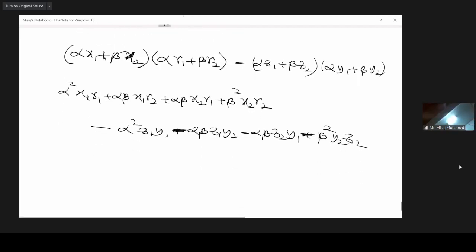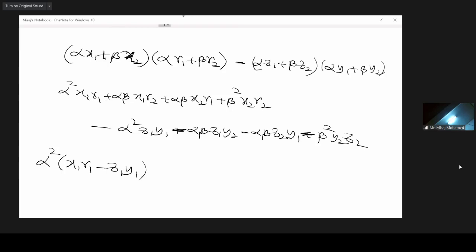So I can take out alpha squared separately: alpha squared times x1 r1 minus z1 y1. Right. Next, I can separate beta squared times x2 r2 minus y2 z2.